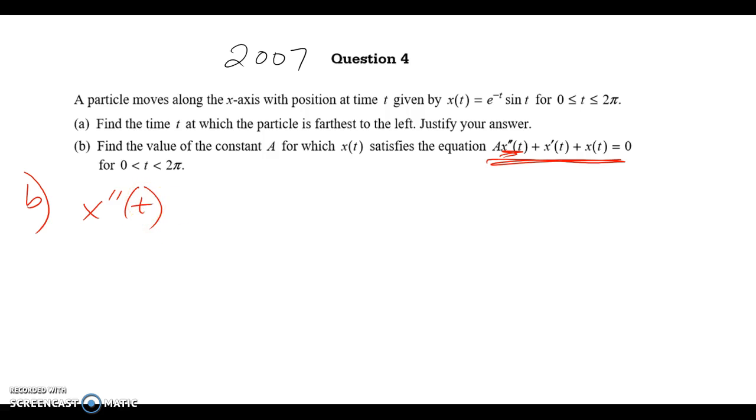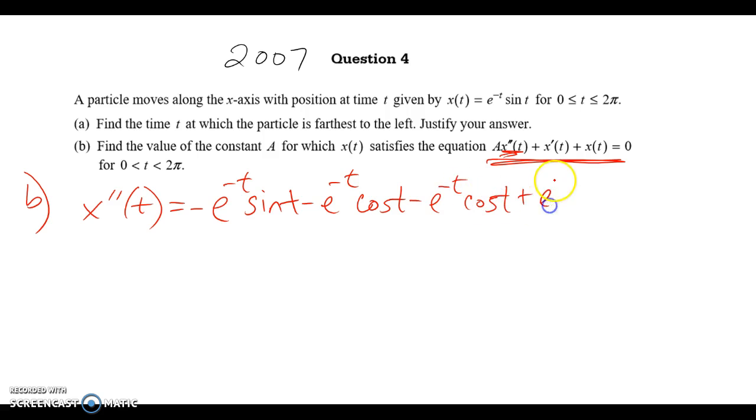And I get, doing a bunch of product rules, and this works out nicely because I get a lot of like terms, which when I combine them will make 0.